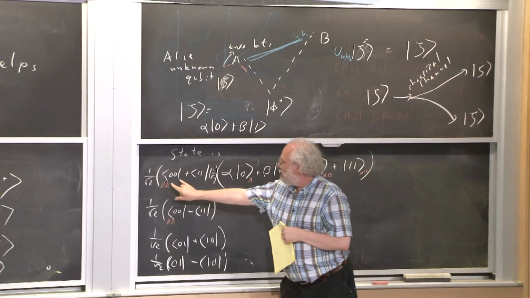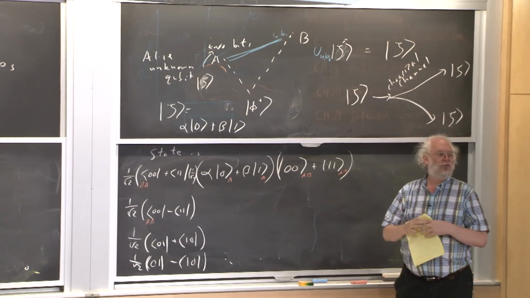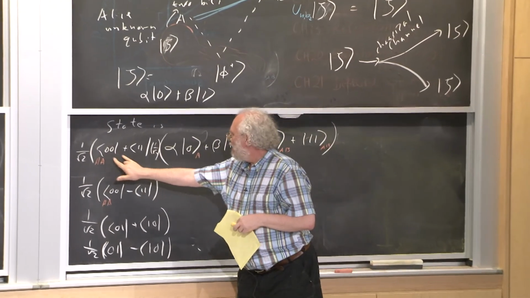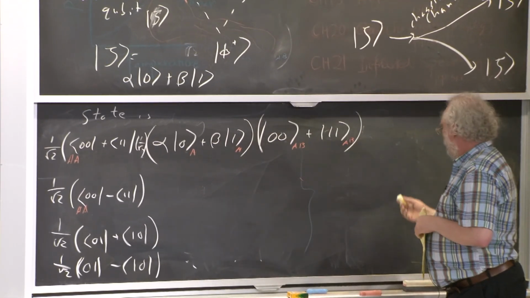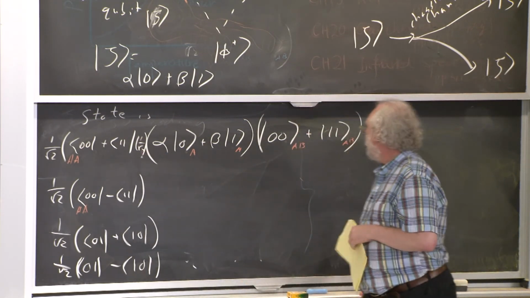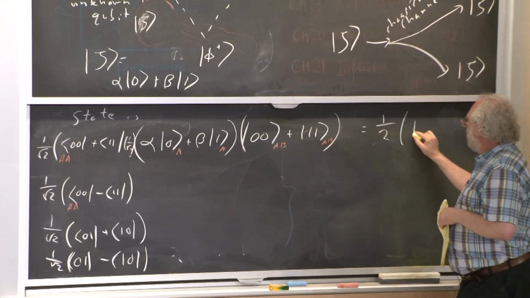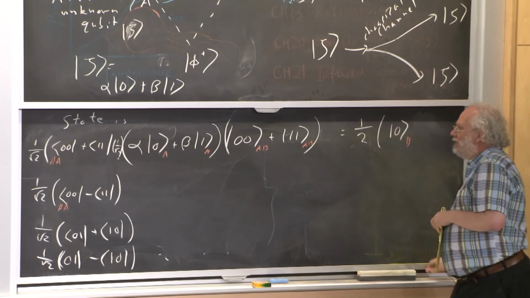Well, the 0, 0 with a 1 and the 1, 1 both returns nothing. So 0, 0 with 0, 0 for Alice is equal to, well, there's a 1/2 here times a 1/2 here. This is 1/2, 0 for Bob.